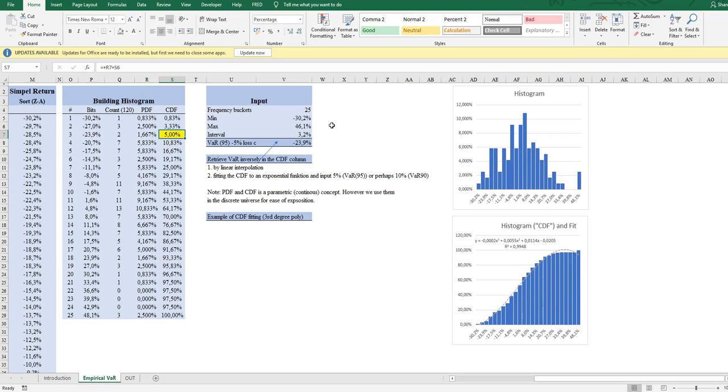And this is one of the things you always have to remember about the VAR measures in general. It's not an exact point. The 5% VAR 95, empirical VAR 95, means that there is a 5% chance of obtaining this or lower.